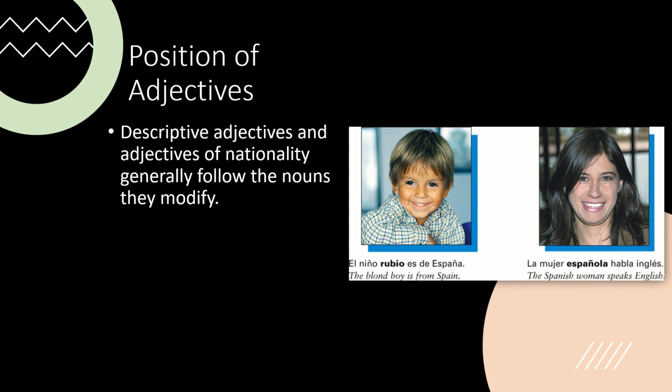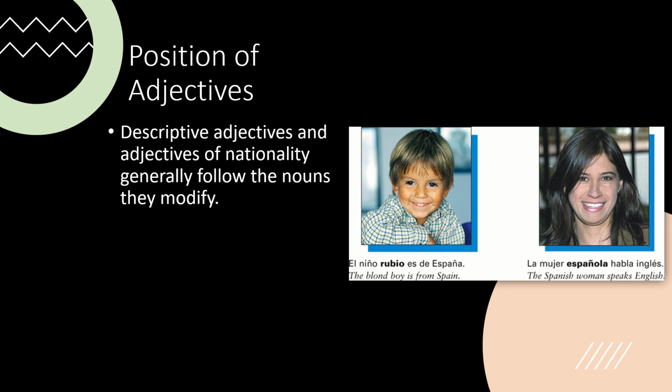The position of adjectives is going to be a little different than it is in English. In English, for example, I would say blue eyes. So the adjective in English comes before the noun that I'm talking about. In Spanish, though, we're typically going to have our noun come before the adjective.